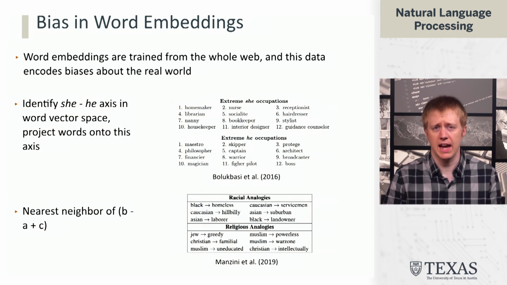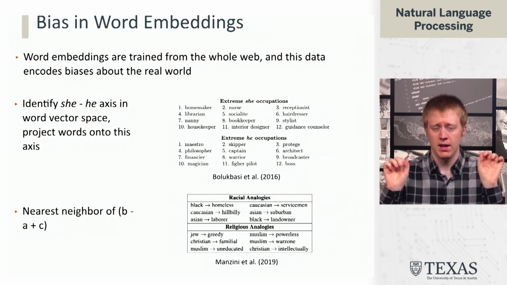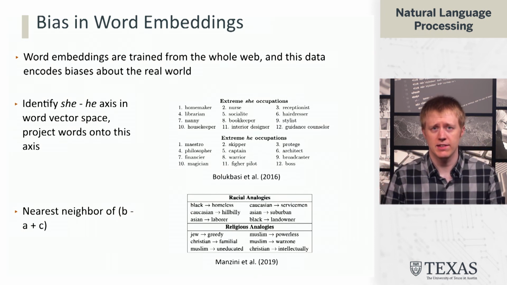One way we can analyze this is we could take the words she and he and look for them in our vector space and take the difference between them. What this finds is an axis that should roughly correspond to notions of binary gender, if we are just looking at these two genders.